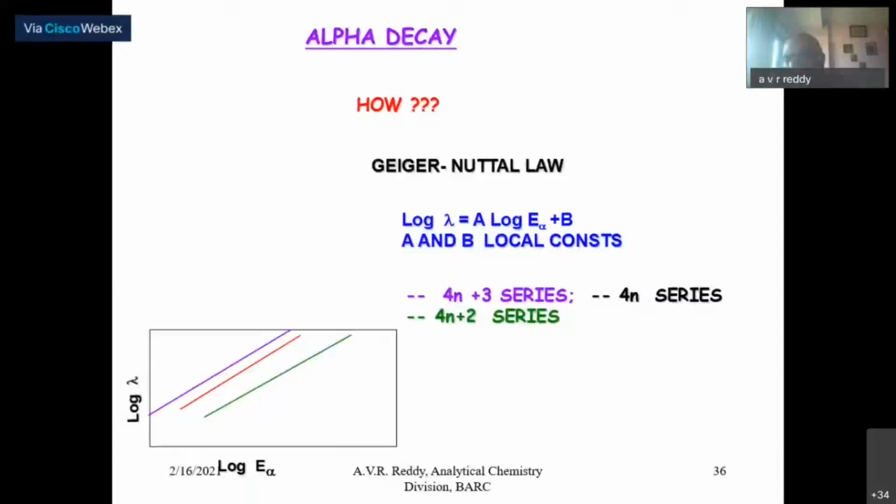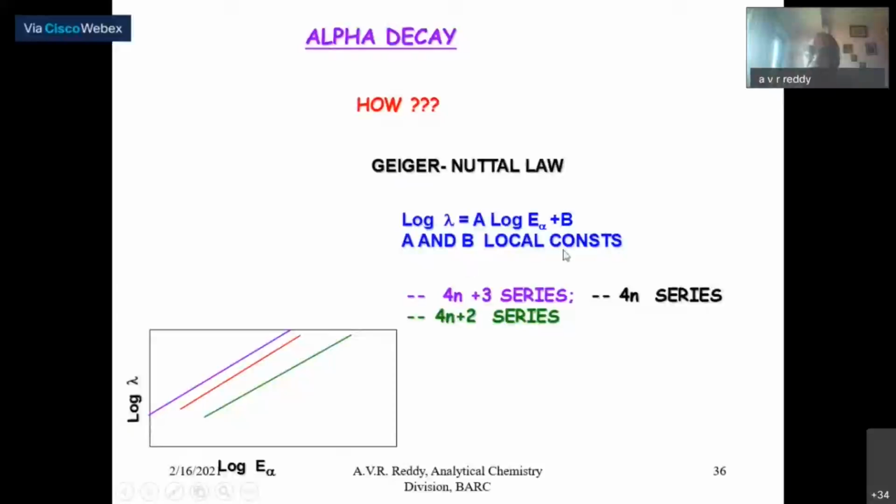Lambda is the decay constant; you know by this time half-life is T half and decay constant is lambda. They arrived at a linear relation for all three natural series, 4n, 4n plus 3, and 4n plus 2: log lambda is equal to A times log E alpha plus B, a constant. A and B are constants for that series.